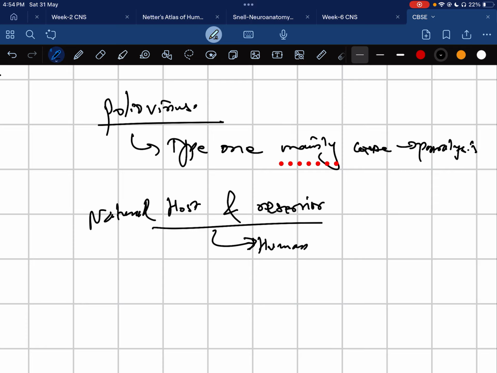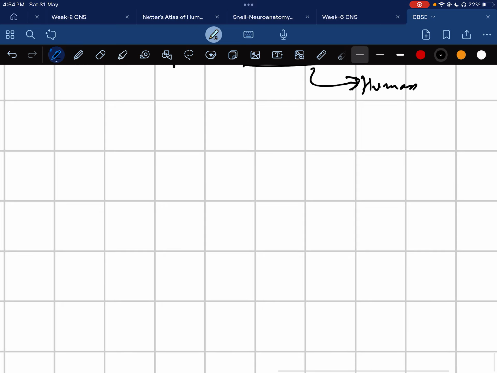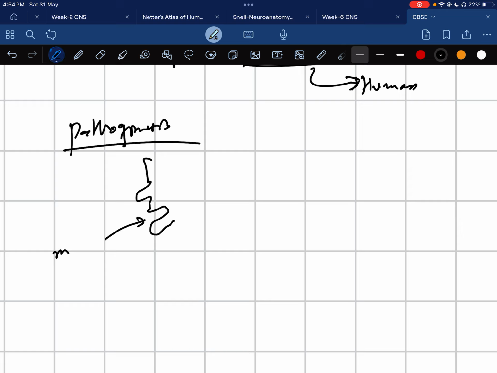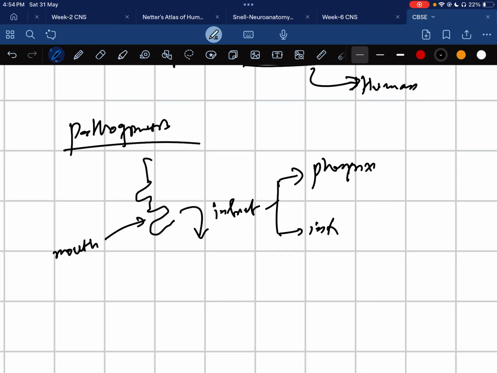Regarding pathogenesis, the virus enters through the mouth and infects the pharynx or intestinal mucosa.